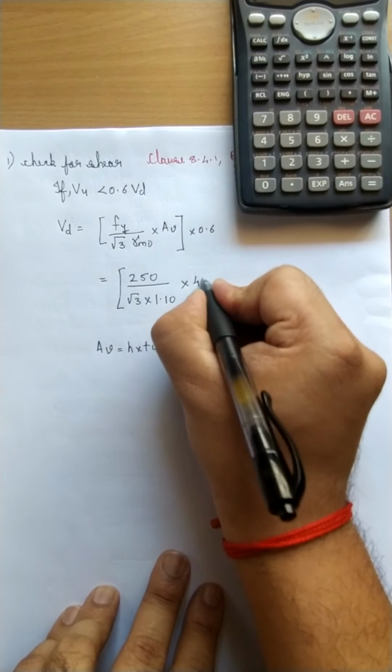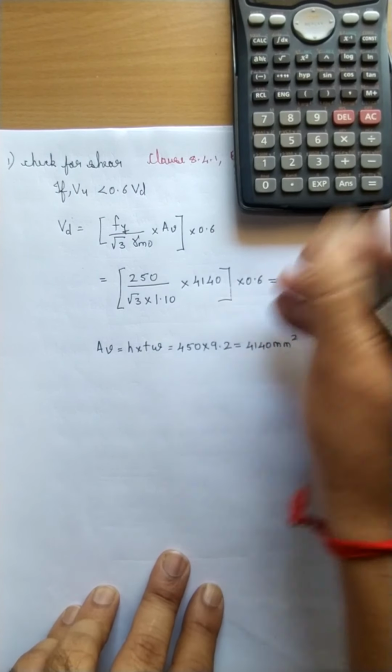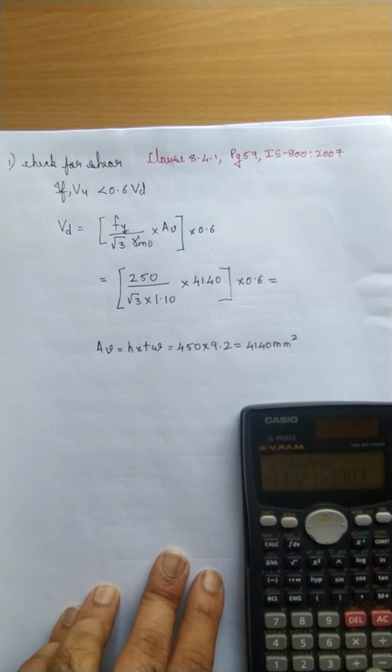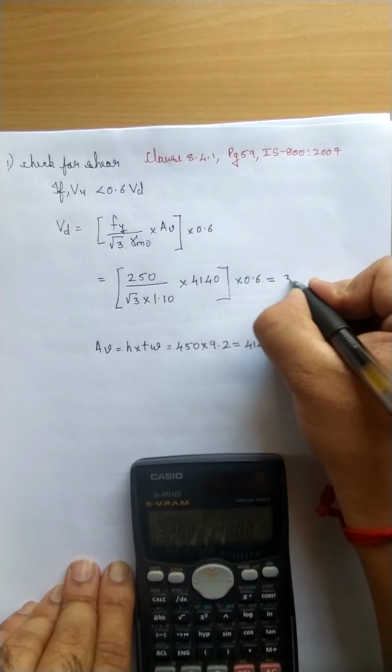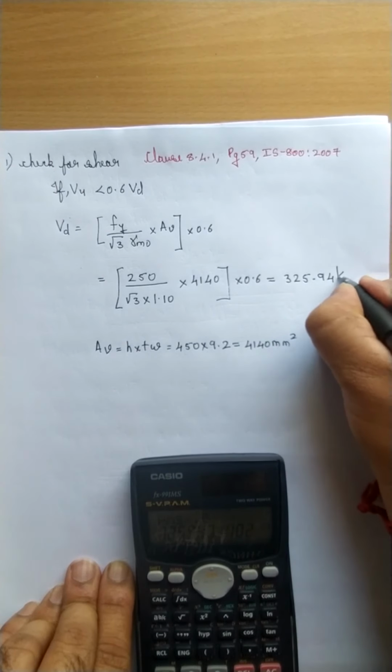So this is 4140 into 0.6. So let us check. So this is working out to be 325.94 kilonewton.